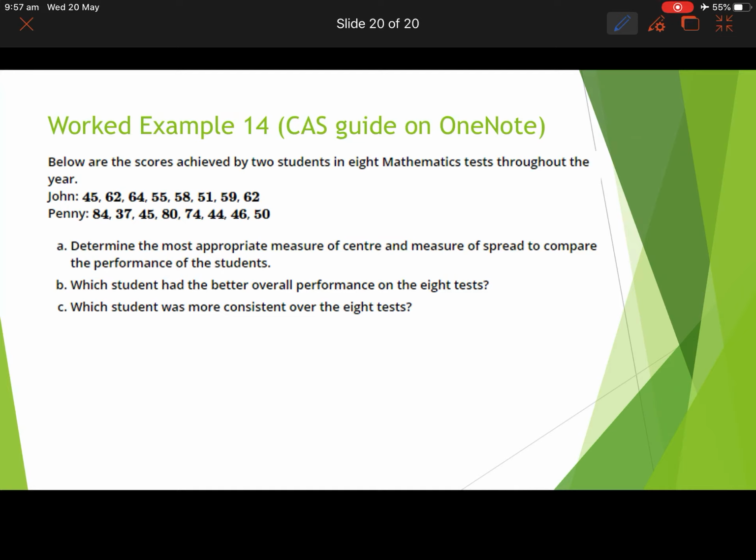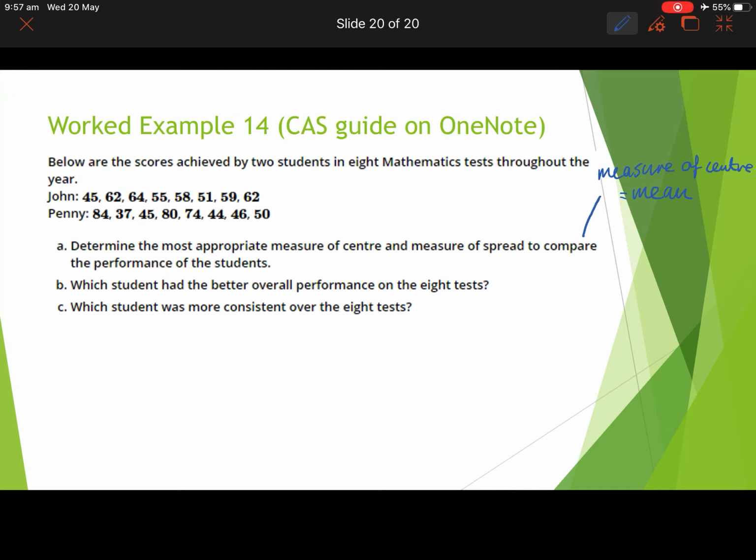So we've got, below was achieved by 2 students in 8 mathematics tests throughout the year. So we've got John's scores and Penny's scores. Determine the most appropriate measure of centre and measure of spread to compare the performance of the students. So the most appropriate, like I said in that first slide, for measure of centre would be the mean, okay, because that looks at all of the numbers.